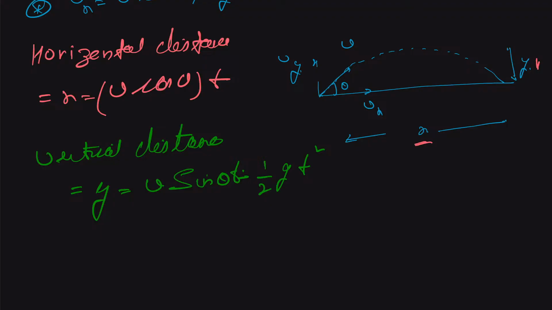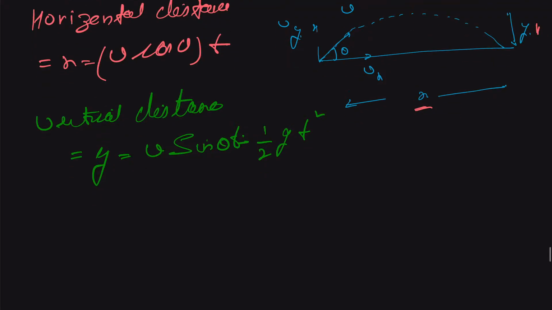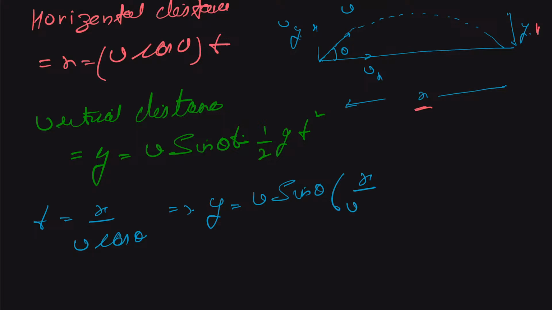And from our horizontal equation we can write the equation for our time. So we can say our t is equal to x upon v cos theta. Therefore we can say that our y is equal to v sine theta times x upon v cos theta, minus half g times x upon v cos theta whole square.